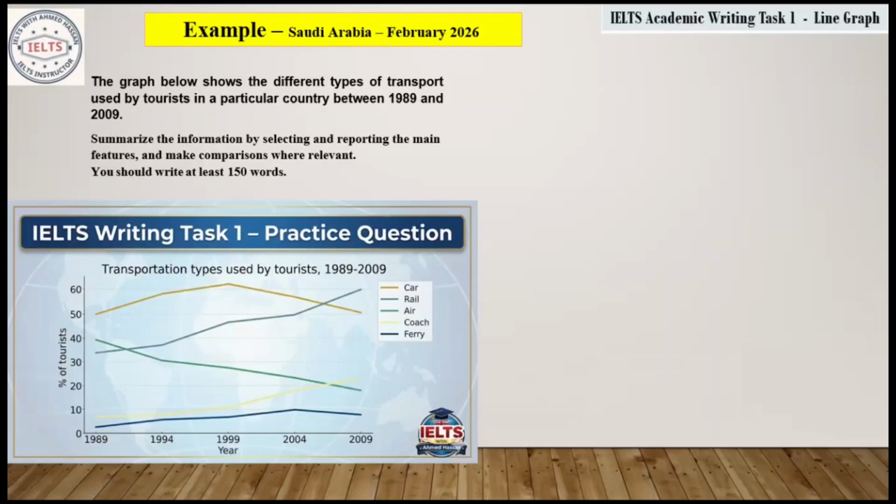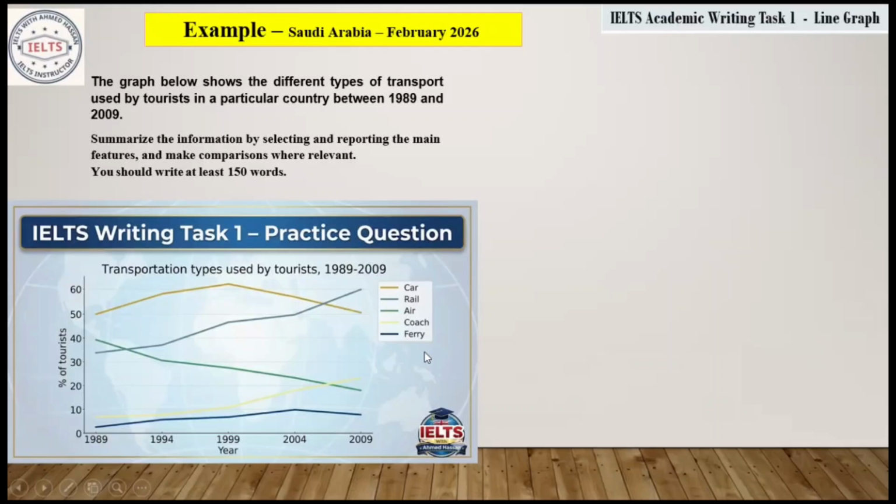This line graph represents the percentage of tourists on the vertical axis, and on the horizontal axis the years, and the transportation types used by tourists.